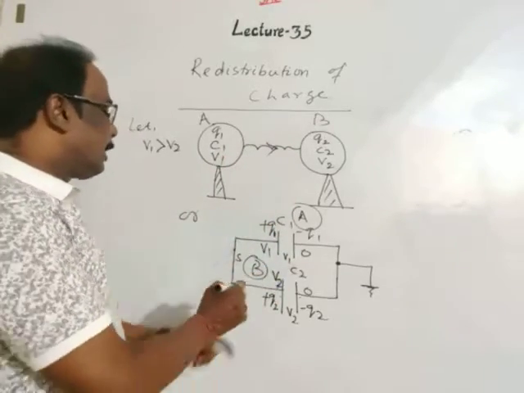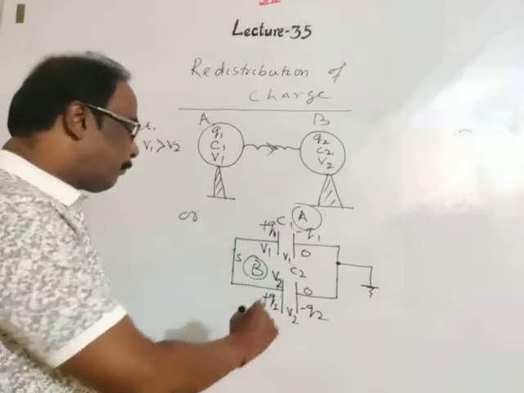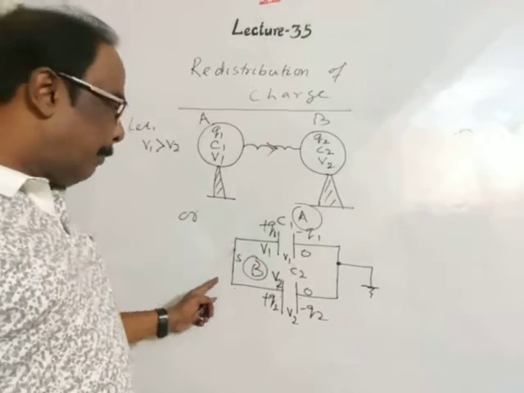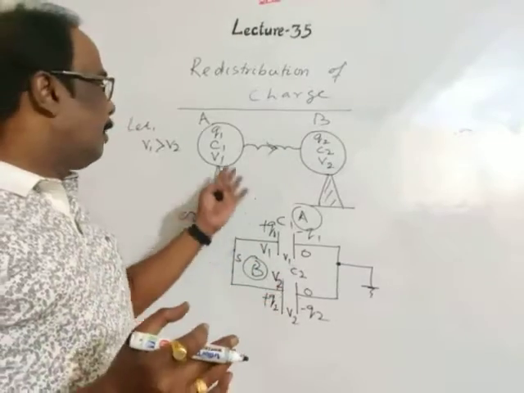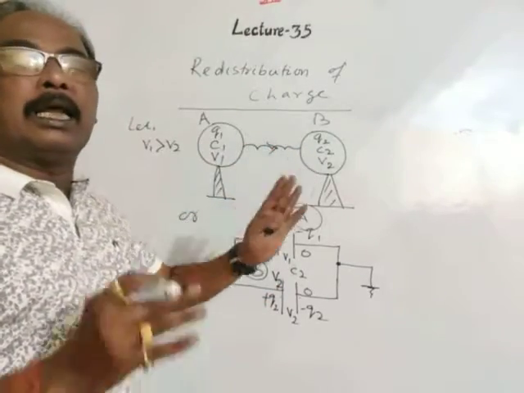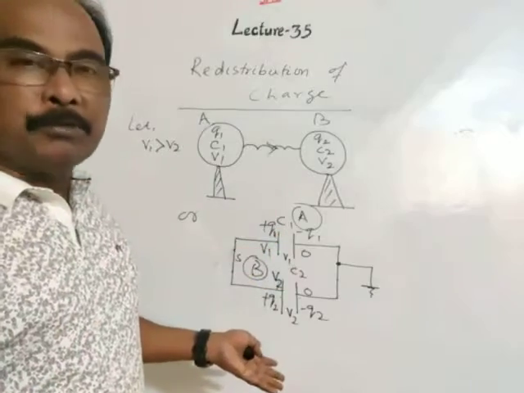Here also, conventionally charge will flow from capacitor A to capacitor B. Okay. Charge flows from high potential to low potential till the potential becomes the same.